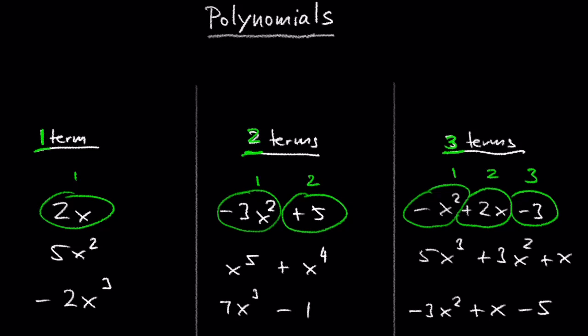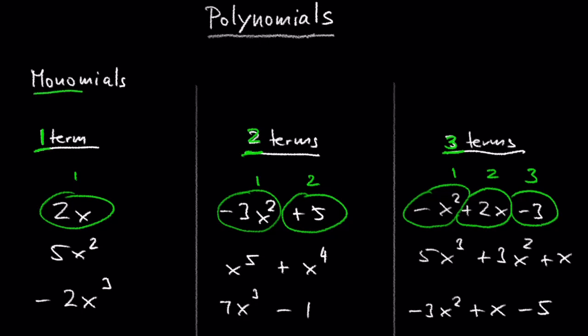There are of course also polynomials with more than three terms. We call polynomials with one term monomials. Mono means one.